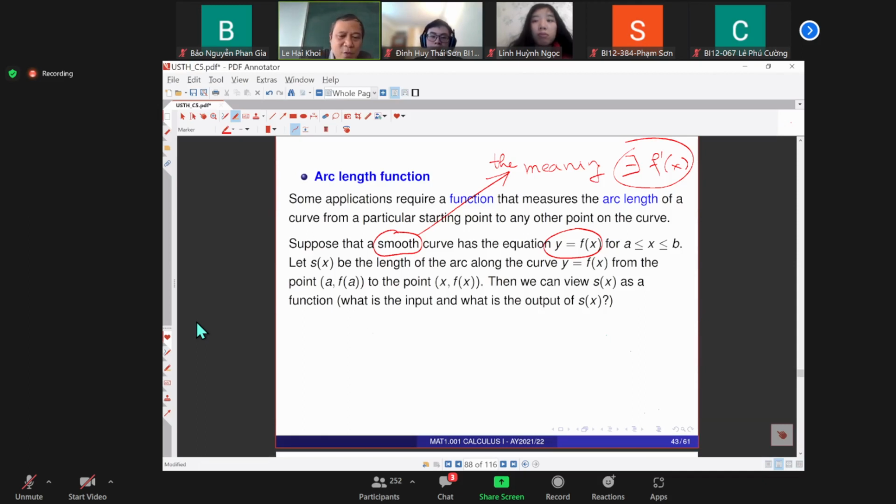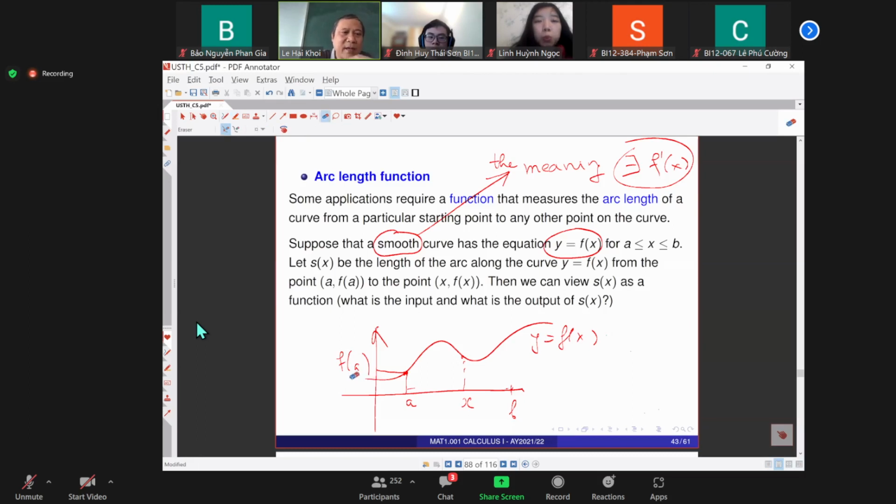Now suppose you have this curve y equals f of x, and you start from the point A, f of A. For any x in between A and B, I erase this part and use only the part from here to here.